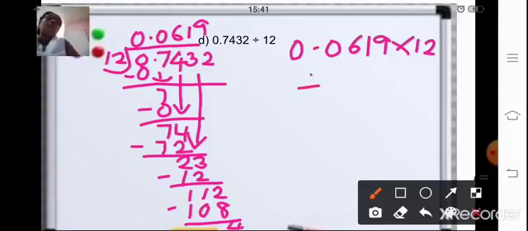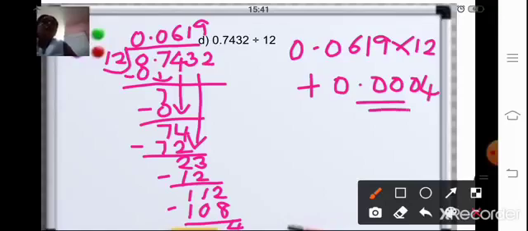Now how will you write the remainder? Remainder is 4 but it is after 3 decimal places. So you will write the remainder as 0.0004. Why we are adding these 0s? Because you have got the remainder after the 3 decimal places. So you'll write the remainder as 0.0004.